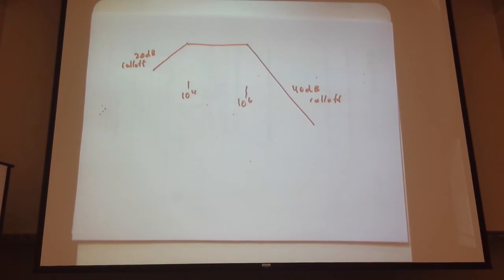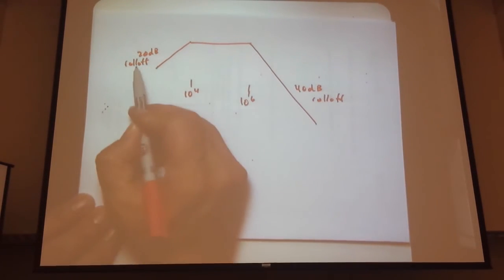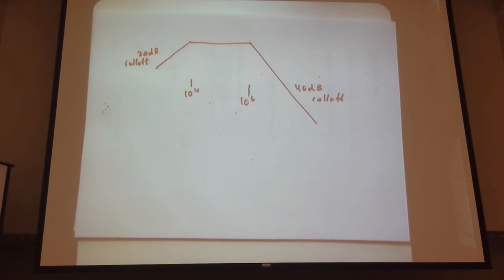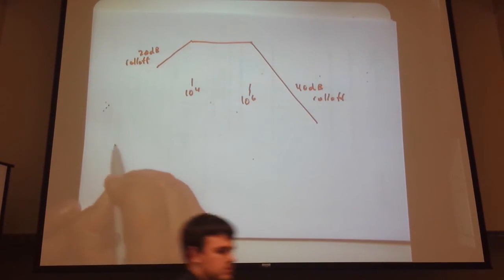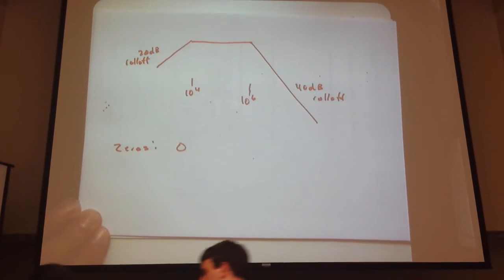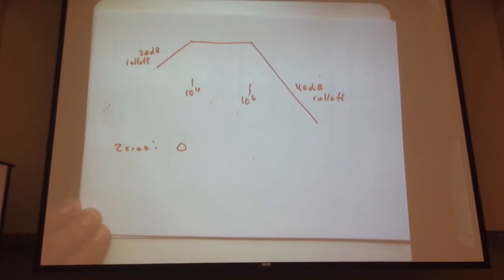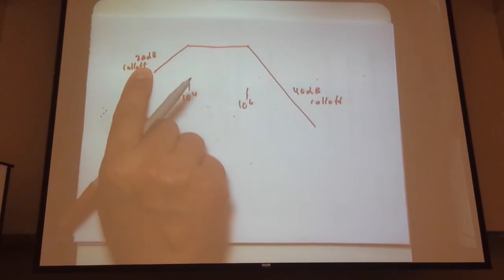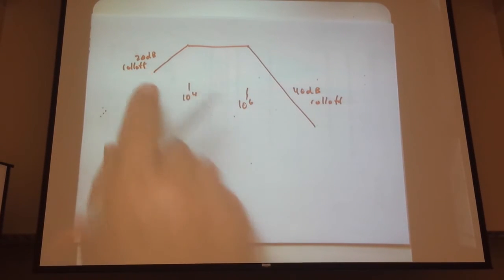So, what does that mean? We have a zero where? Well, this is a slope of plus 20 dB per decade. We have a zero at 0. What order of zero is it? Single, double, triple, quadruple? It's a single, 20 dB per decade slope.